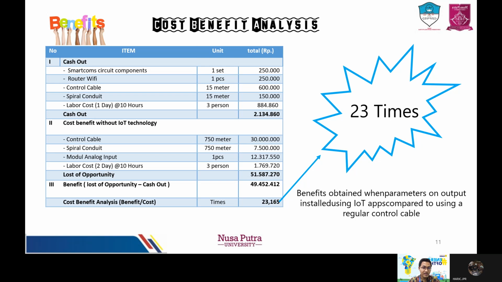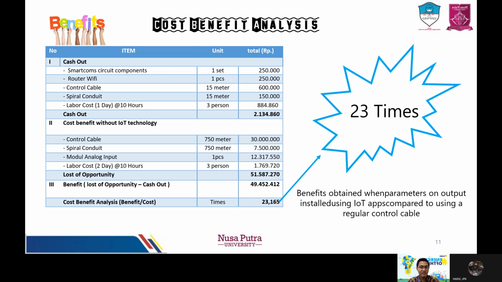You can see the cost benefit analysis. If the parameters on the outfall are installed using a regular control cable, it will result in a cost of about 49 million. And the cost to apply this IoT technology is only 2 million.